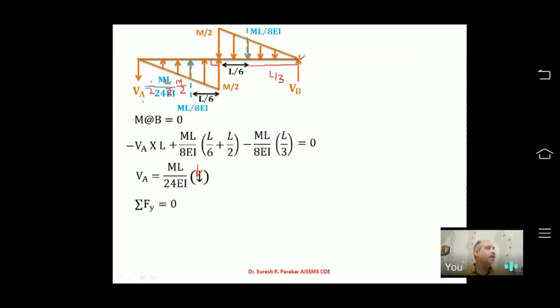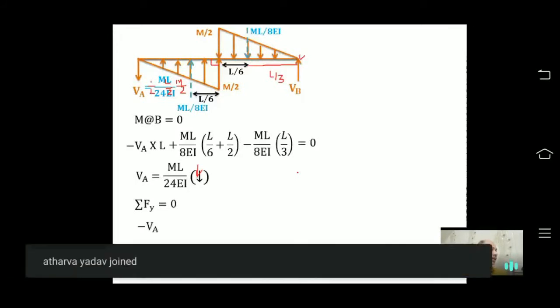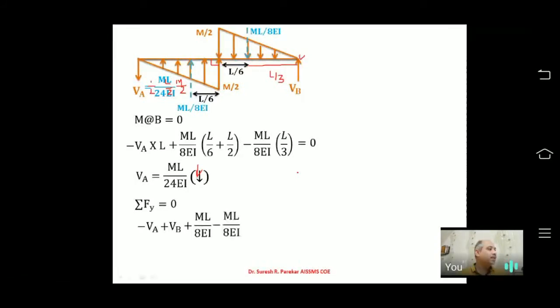Therefore the value of VA is equal to the value of VB, but in opposite direction. Then minus VA plus VB, and plus ML upon 8EI minus ML upon 8EI equal to 0. So we are going to get VB as ML upon 24EI. But VA is in the downward direction, so VB should be upward. So we are going to get this as upward.